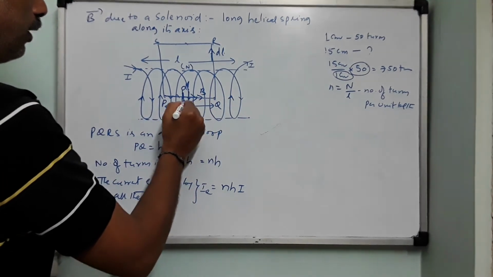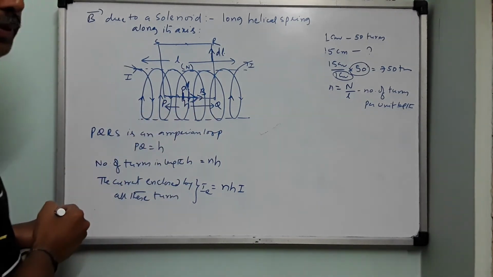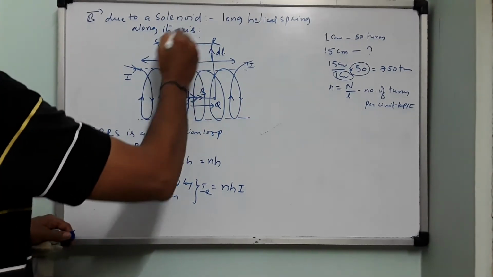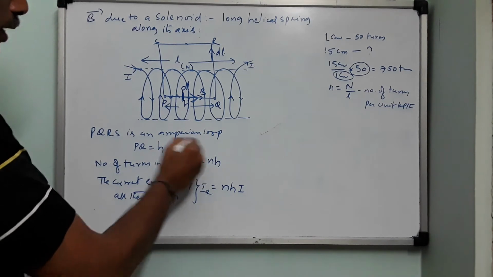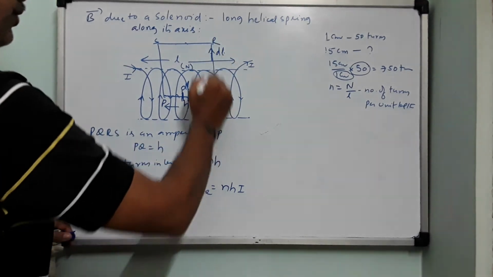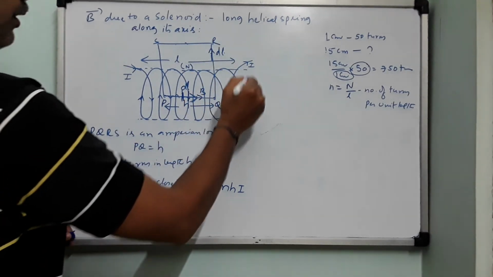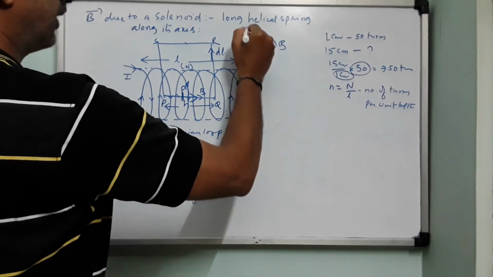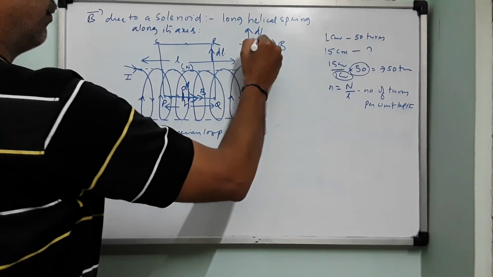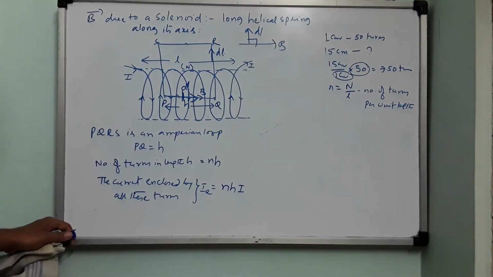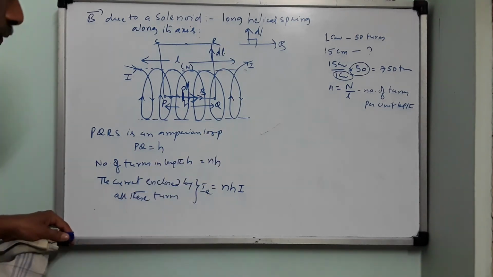Outside, the magnetic field is 0, here also 0. But in the perpendicular direction, B and dl make an angle of 90 degrees, so cos 90 is 0. That we will see now.